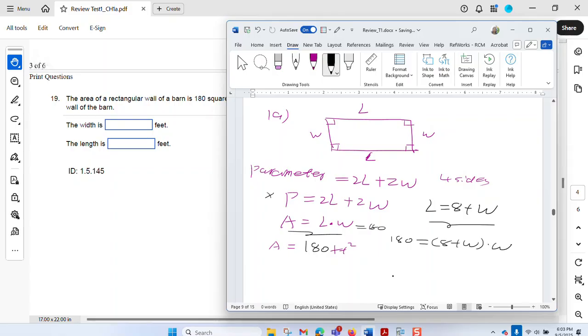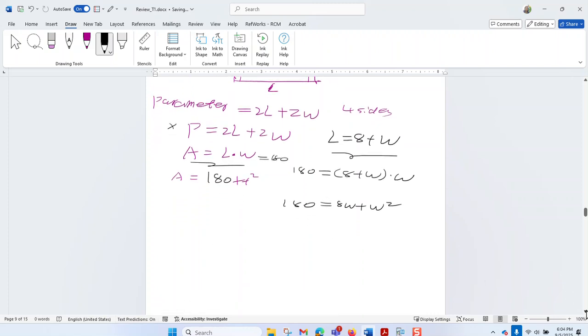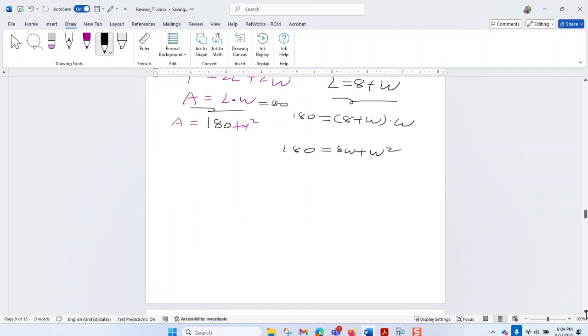So how do I solve for this one? We can multiply that in: 8W plus W squared equal to 180. Okay. All right, so actually this one is called a quadratic equation. A quadratic equation is ax squared plus bx plus c equal to 0.